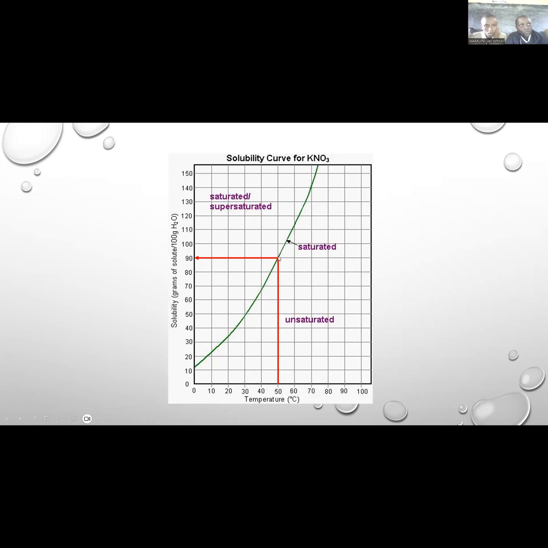The graph that they give you in the examination is the one that you should use. So even if you know the answer is 88.3, just use this graph. So the simple answer is about 90 grams of KNO3 per 100 grams of water.